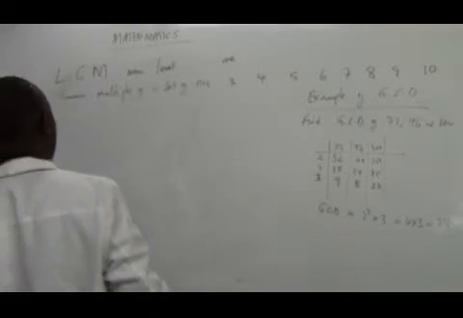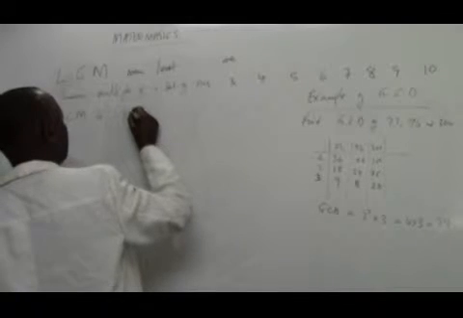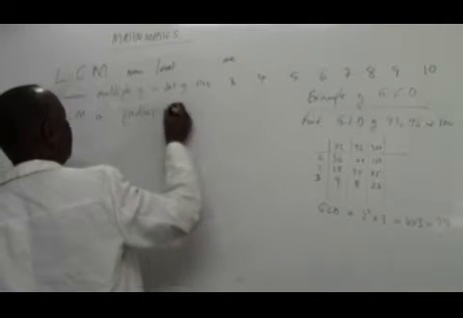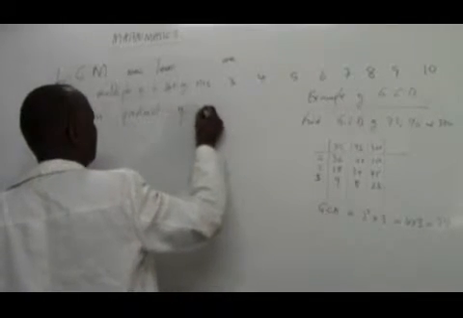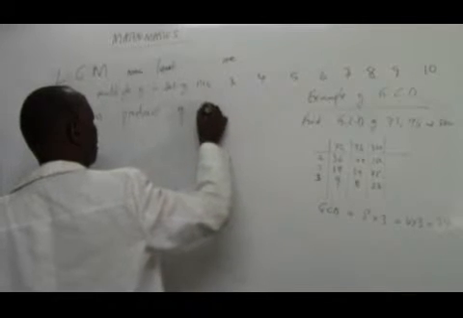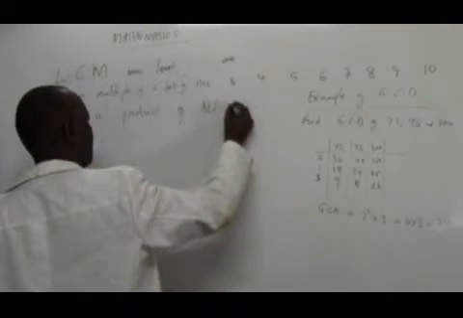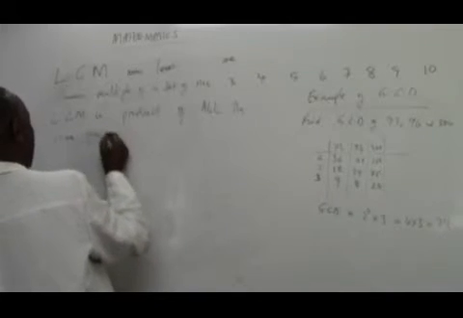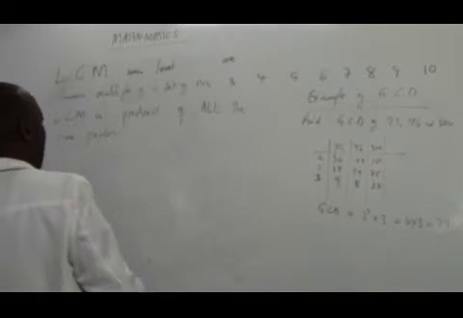So here the general rule is LCM is product of all, note this word, all the prime factors. So here we don't choose. We get a hold of all the prime factors and we get the product.